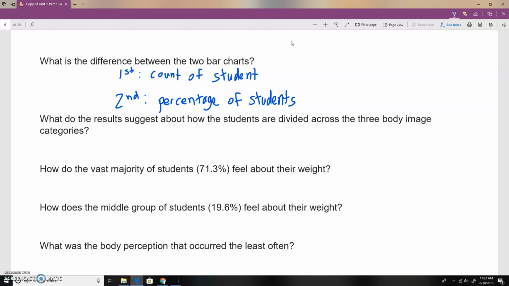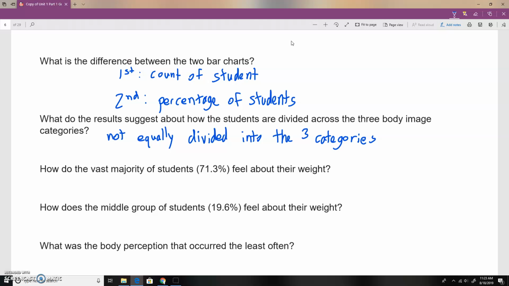So, what do the results suggest about how students are divided across the three body image categories? Well, the main thing is they're not equally divided into the three categories. And we can use the next question to add to that.